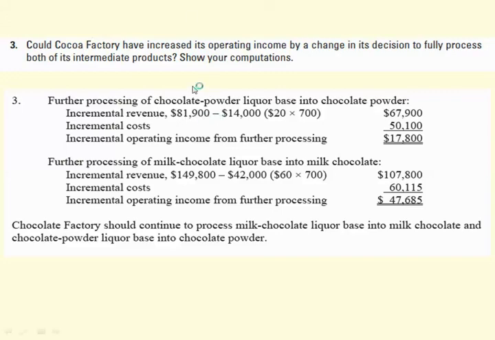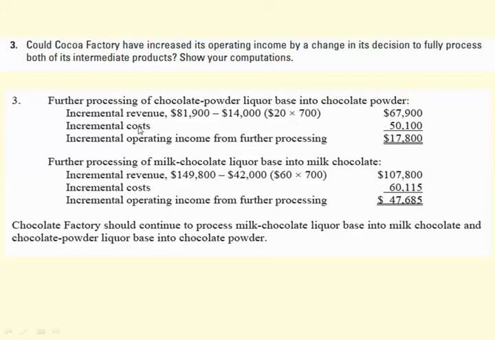81,900 minus 14,000. 14,000 is calculated as $20 per gallon multiplied by 700 gallons. So we have here incremental revenue with amount of 67,900. This is the difference we get from further processing and not selling the first intermediate product at split-off point.